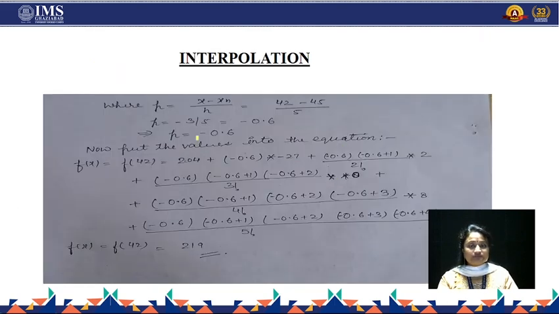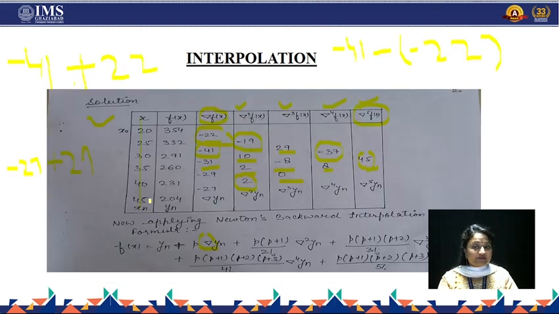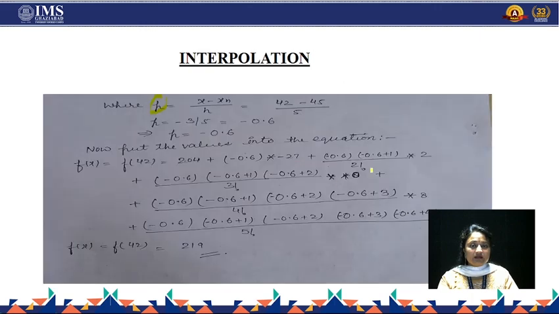Okay, now how do we get p? As we saw in the formula, x minus xn upon h is the value of p. So x is the value we are calculating for, that is 42. xn is the last value, that is 45. So 42 minus 45 divided by h.